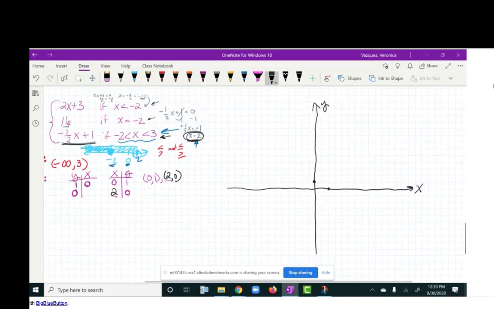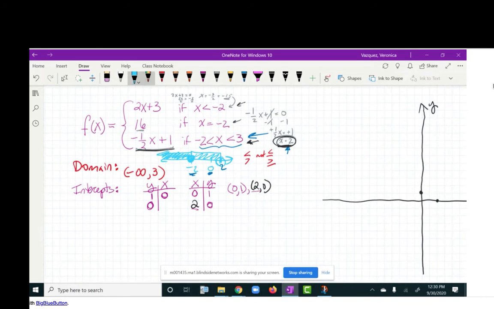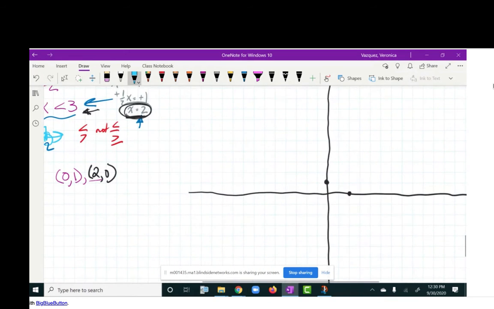I'm going to graph this top part of the equation first. So 2x plus 3. That gives me a y-intercept of 3 and a slope of 2. So that would be up 2 over 1, up 2 over 1, up 2 over 1.